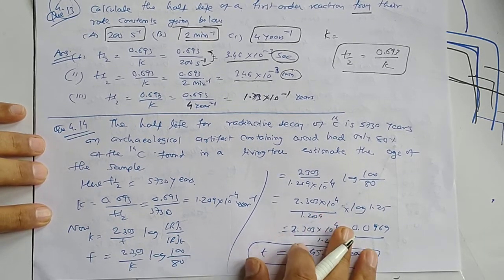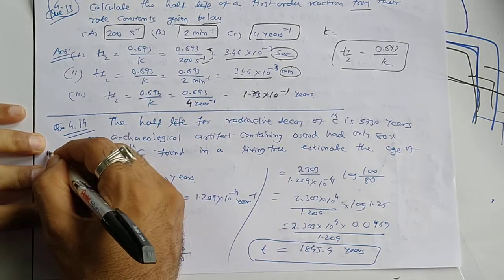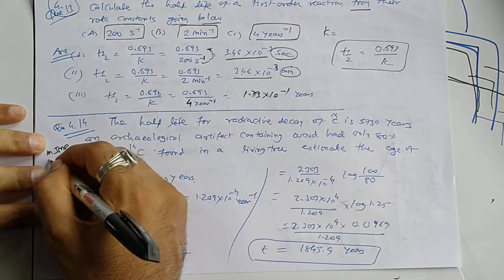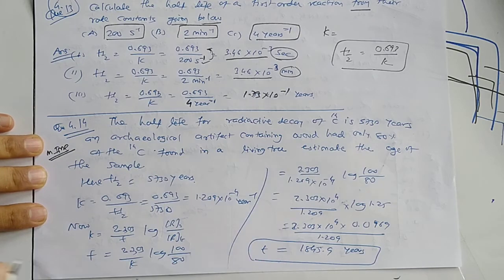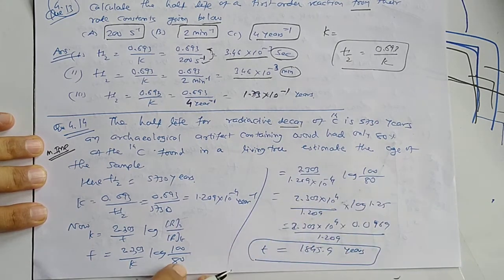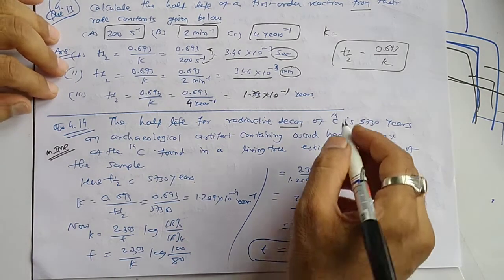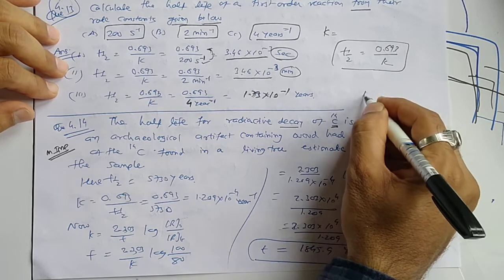Now 4.14. A half-life question is most often asked. The half-life for radioactive decay of C-14. Radioactive decay means the emission of radioactive rays from the nucleus.